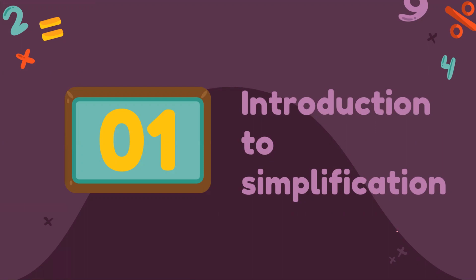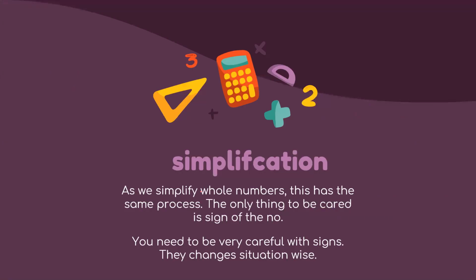Introduction to simplification. As we simplify normal numbers or whole numbers, this has the same process. The only thing to be careful about is the sign of the number. You need to be very careful with signs.